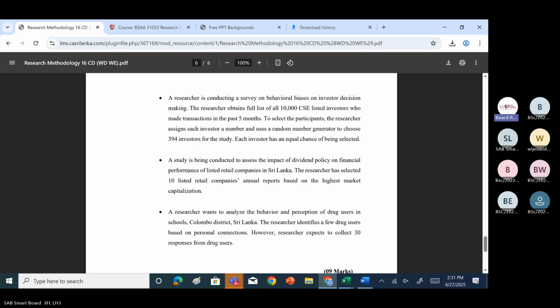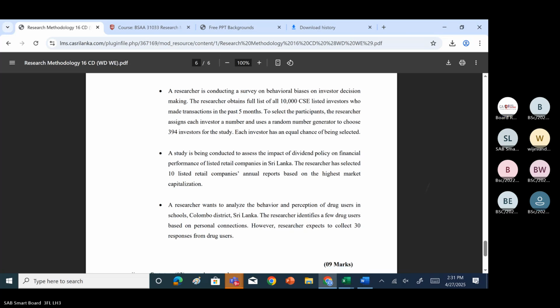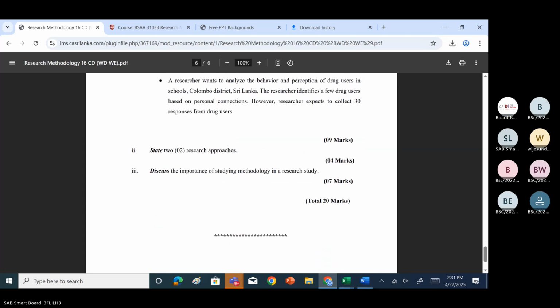Sometimes we could change the question to sampling, research design, data collection. Each and every question carries 20 marks. Right. Okay.